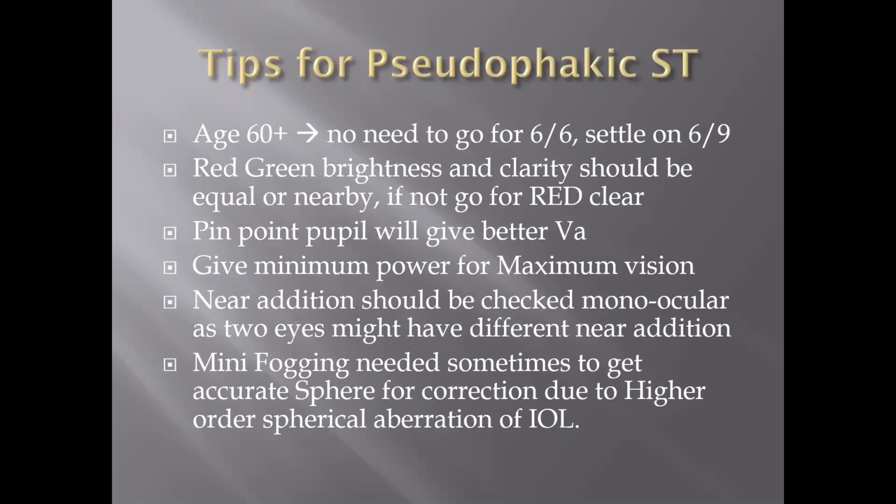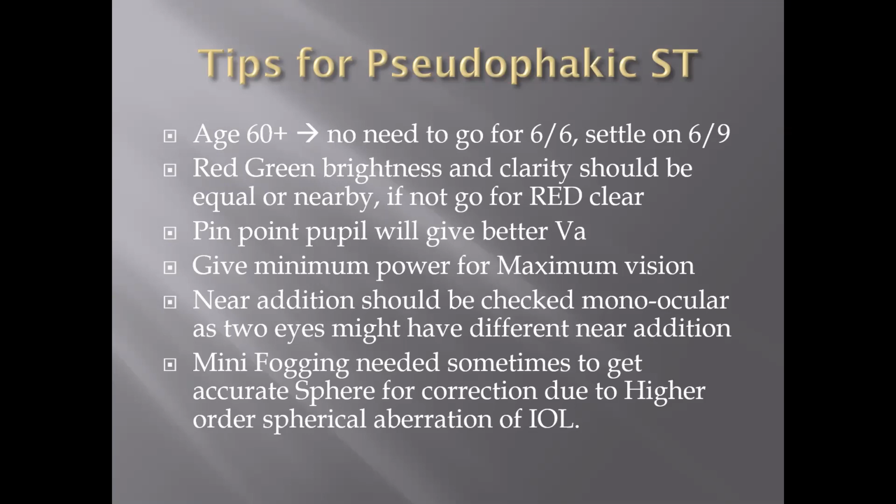Before going into individual cases, here are tips for pseudophakic subjective testing. The first point: if age is 60 plus, no need to go for 6/6 vision; settle on 6/9. If the patient fluently reads 6/9 letters, then and only then can you try 6/6.